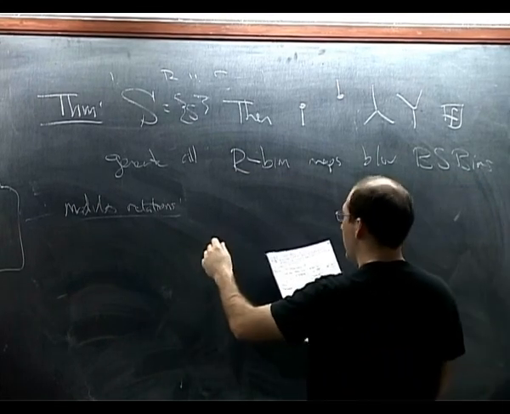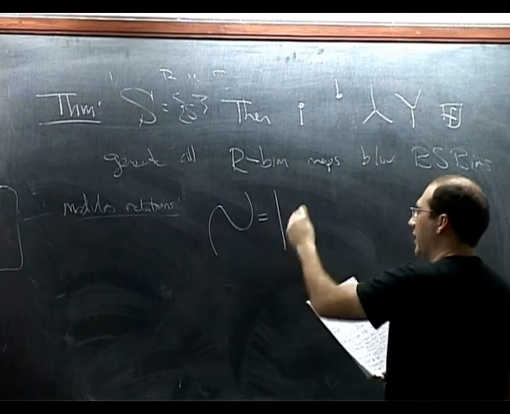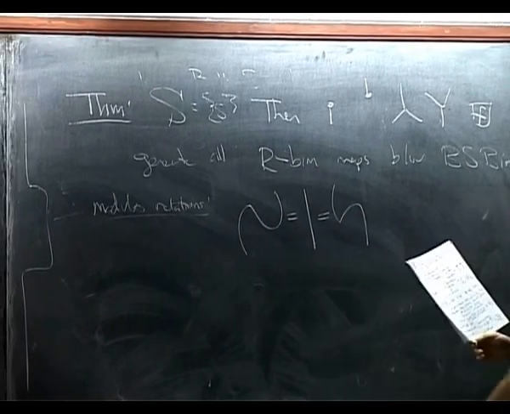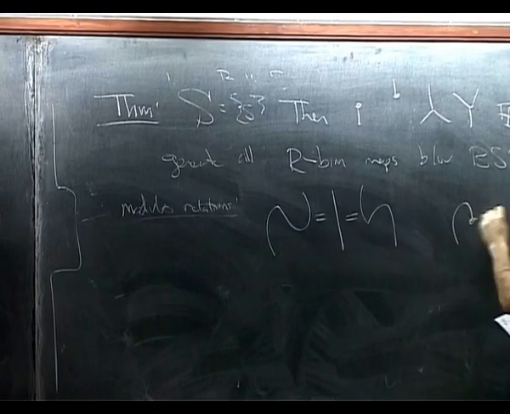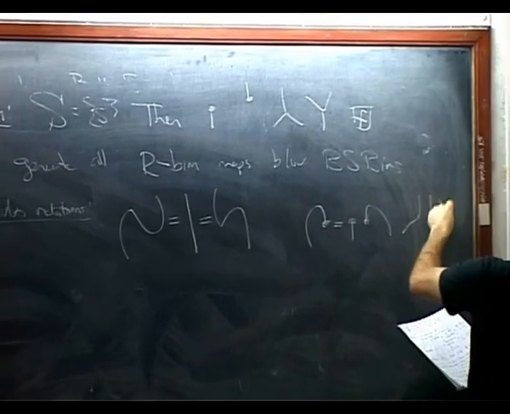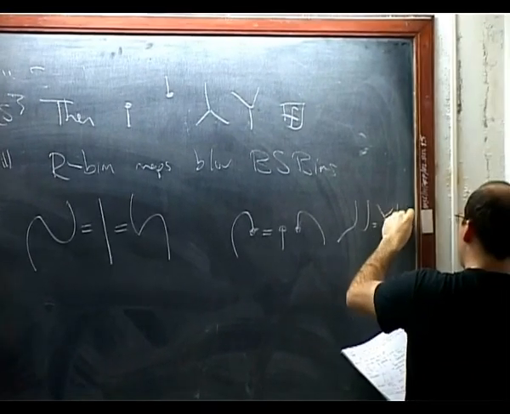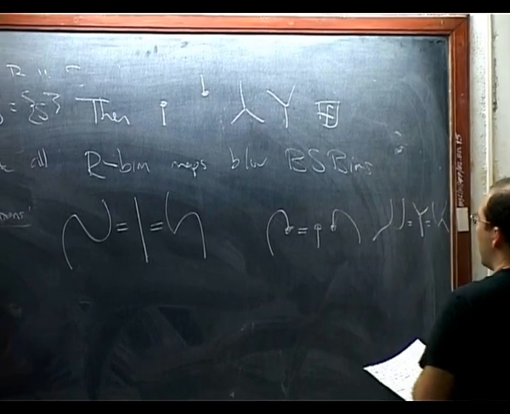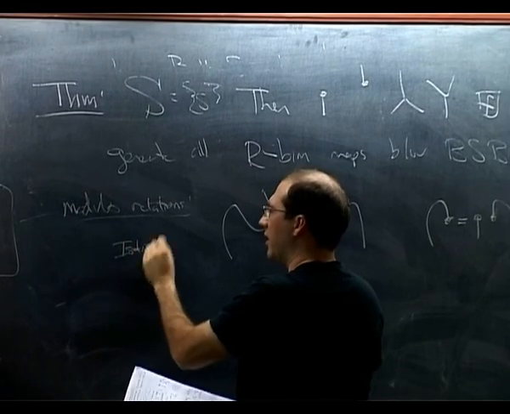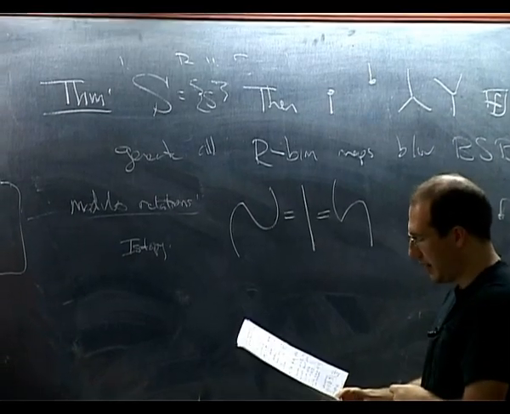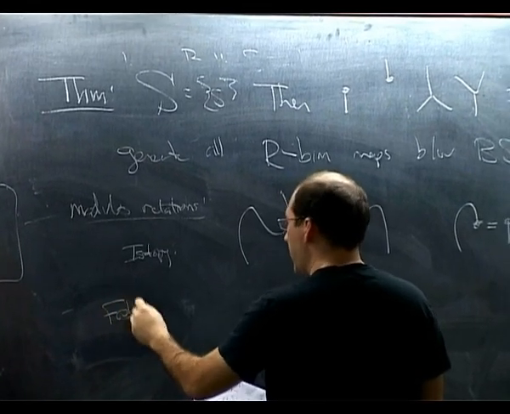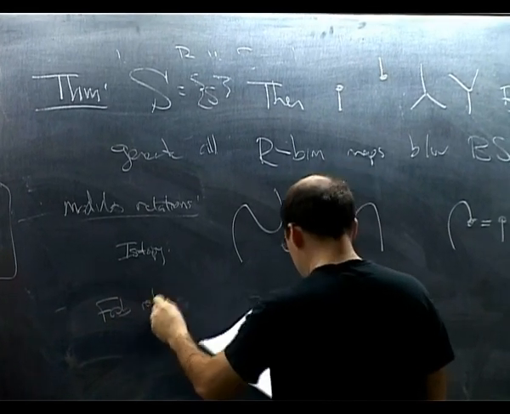So we have isotopy once you define the cups and caps like I did earlier. And isotopy also includes cyclicity. Okay, so these are the isotopy relations. You have some of the Frobenius, the additional Frobenius relations.